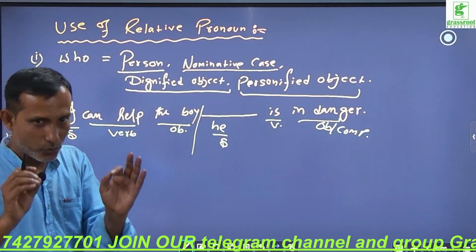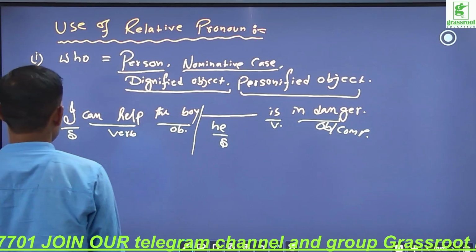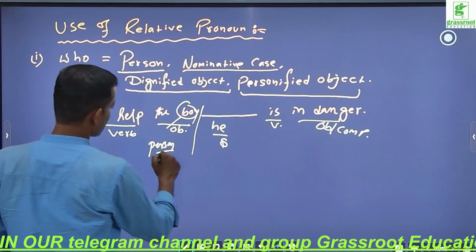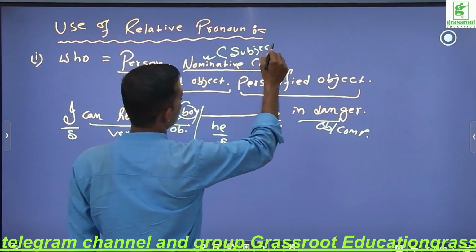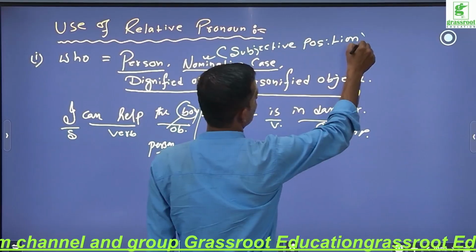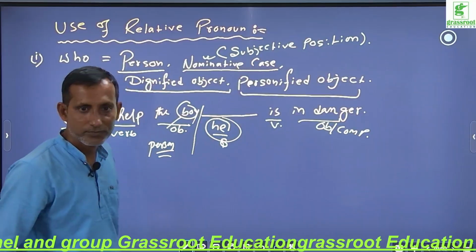If we have to connect it, we have to use a relative pronoun. That's why here boy is the person, nominative case, that means subjective form or subjective position. Who is used instead of he.